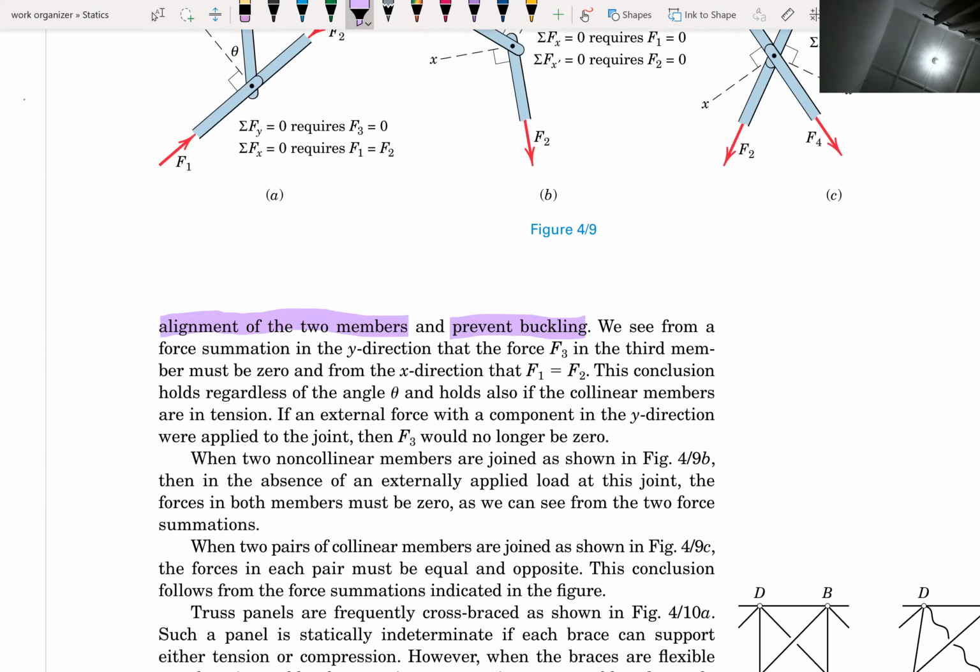If an external force has a component in the y direction, so cancel this one.